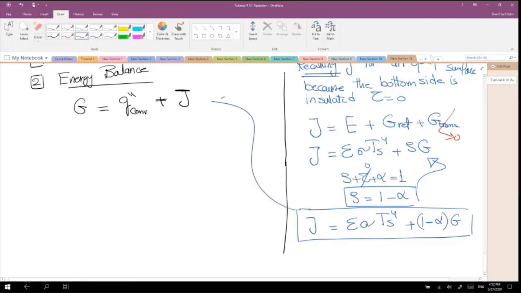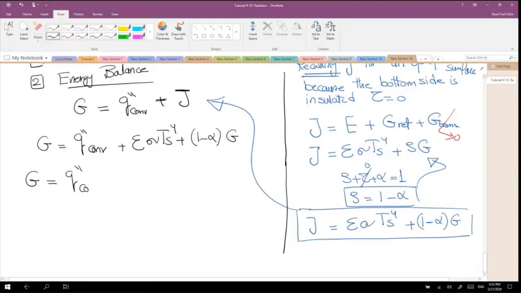So from here, we get this and substitute here, right? So G is equal to q double dash convection plus epsilon sigma Ts to the power 4 plus 1 minus alpha multiplied by G. Let's refine this one more time: epsilon sigma Ts to the power 4 plus G minus alpha G. I just multiplied G into this bracket, right?